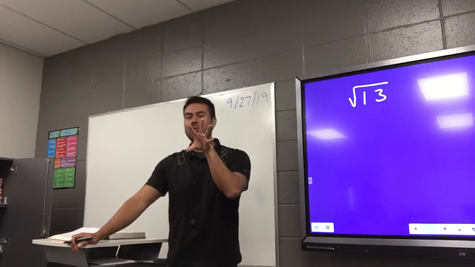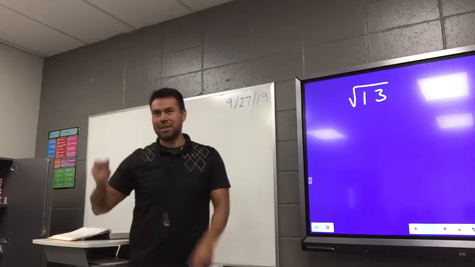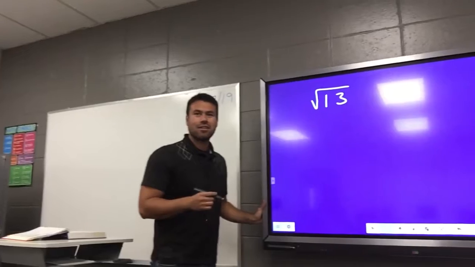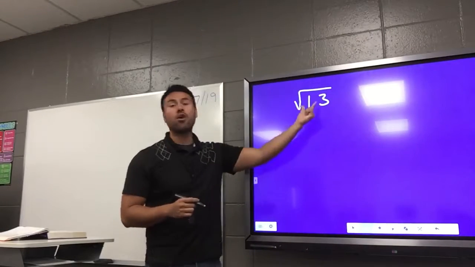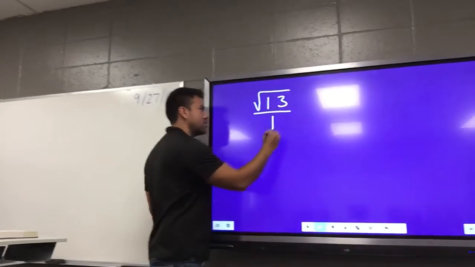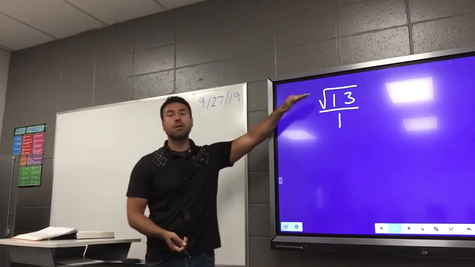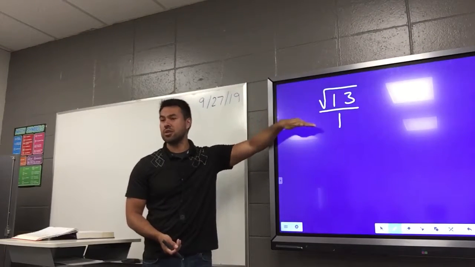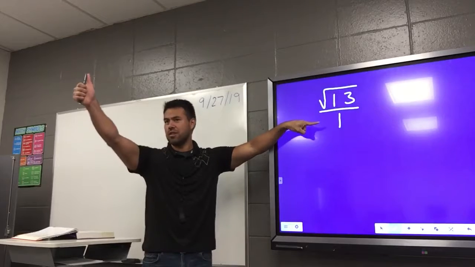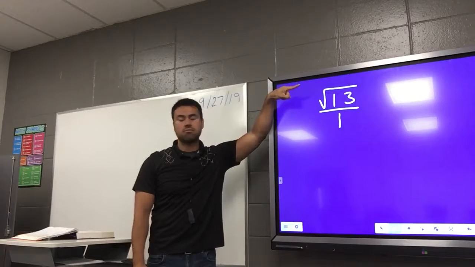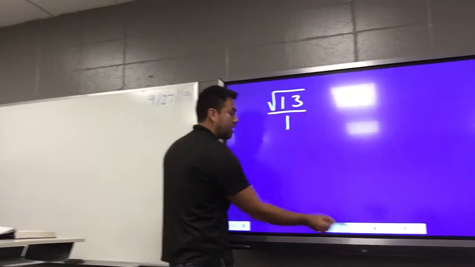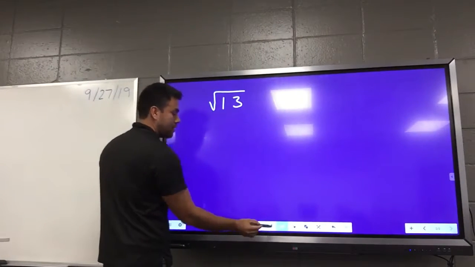Whenever you have a number and you want to write it as a fraction, just immediately, what do you do? You put it over 1. Oh, see, Mr. A, you can write it as a fraction. But are both numbers integers? 1 is an integer. Is the square root of 13 an integer? No. So, although you can write it as a fraction, it won't be of integers.